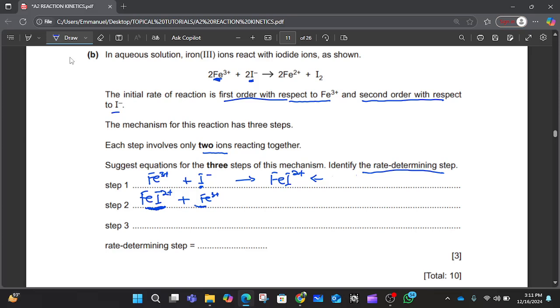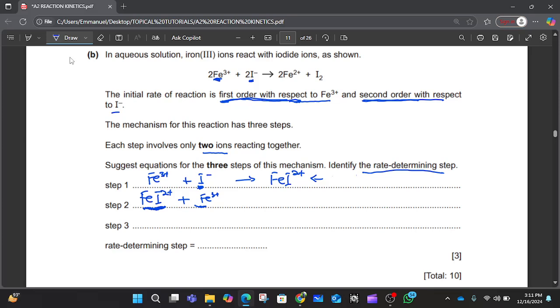But we can see that the reaction is first order with respect to Fe3+. So it means that there is nowhere we have to see 2 Fe3+ reacting together. That is not going to happen. So in this second step, we can only use I- because the reaction is second order with respect to I-.